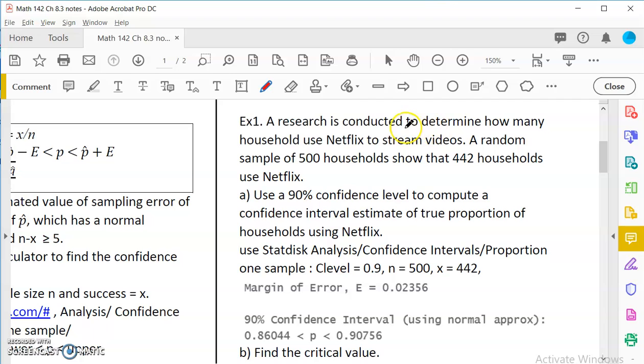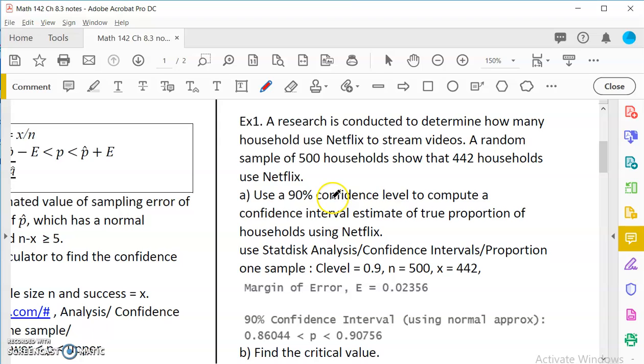A research is conducted to determine how many households use Netflix to stream videos. So that means you want to find the percentage of people that stream videos using Netflix. I think they have a very large market share, but they want to determine if their market share has changed. So they do a random sample of 500 households, and it shows that 442 households use Netflix. So what percentage is that? So this is a sample, right?